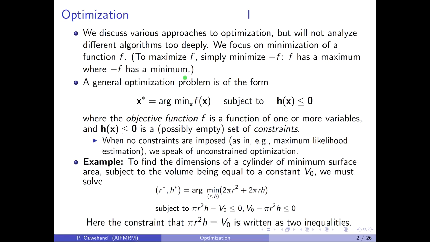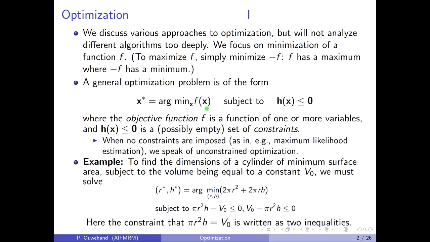The general type of optimization problem that we look at is going to be of the following form. We're looking for a value x star, which is the argument which minimizes the function f, subject to the constraint that h of x must be less than or equal to 0. Here the objective function is a function from R^n to the reals.